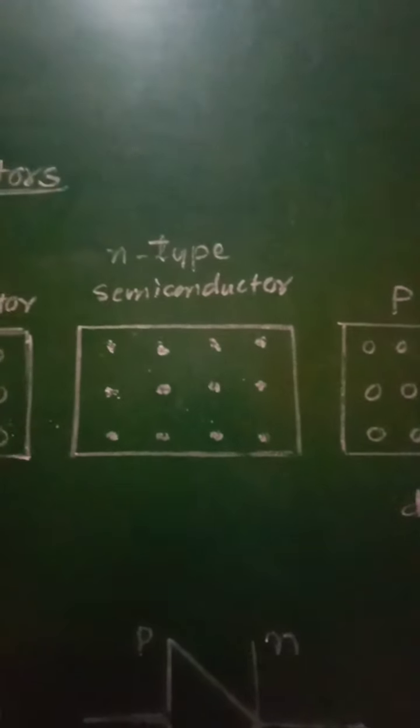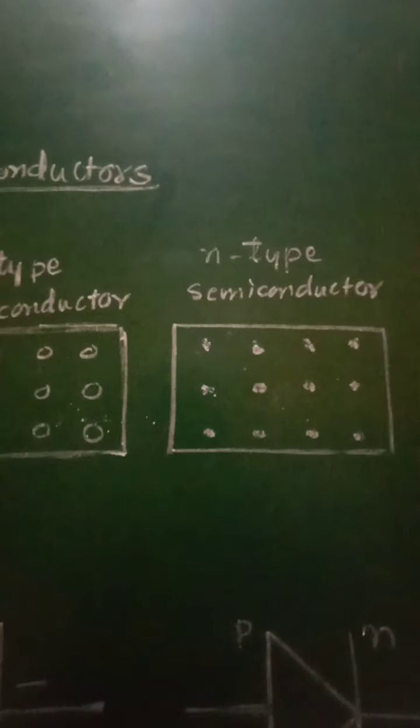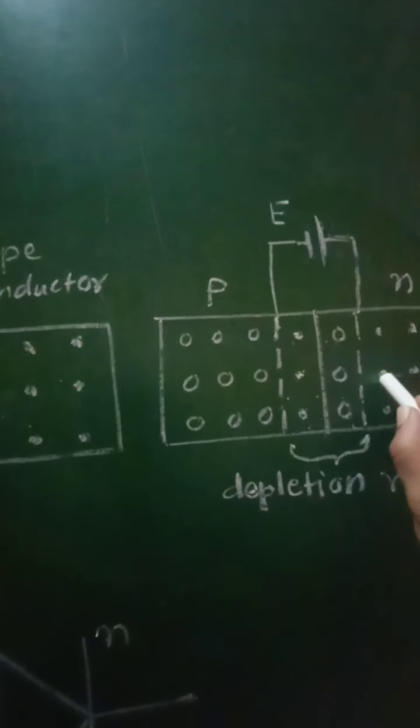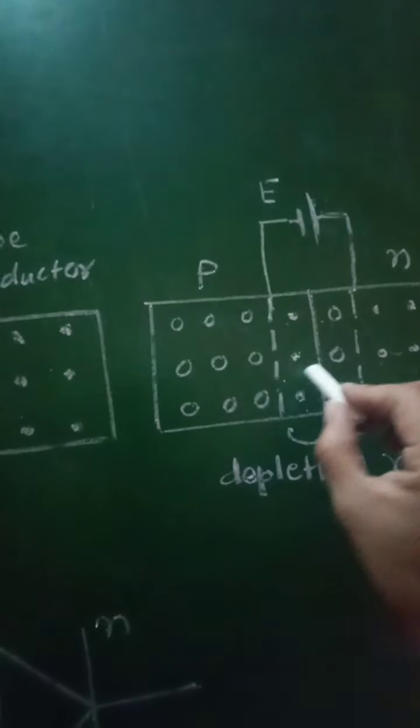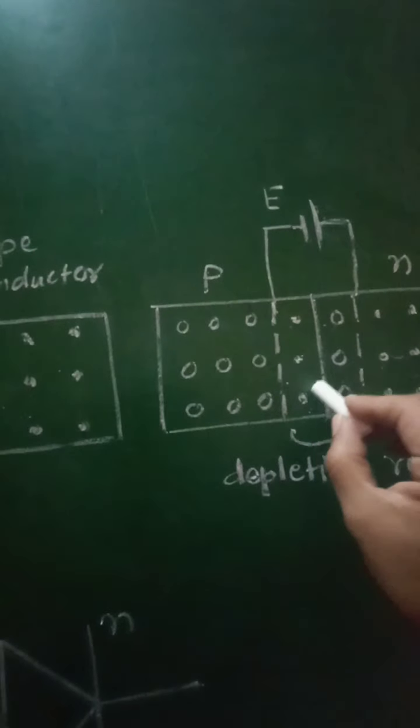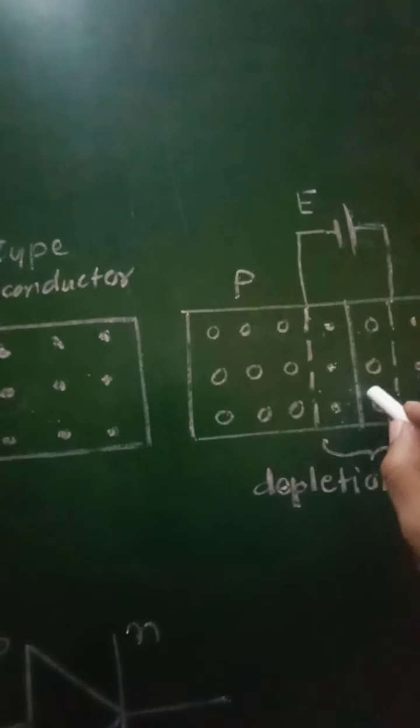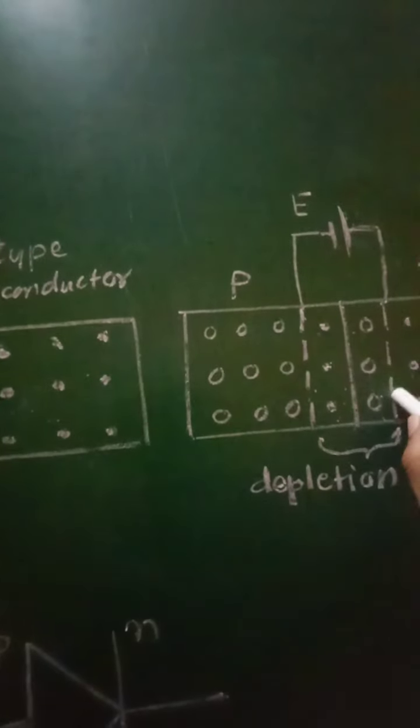The transfer of electrons and holes across the p-n junction is called diffusion. So when the charge carriers, that is electrons and holes, cross this junction and enter another region, this transfer of electrons and holes across the p-n junction is called diffusion.